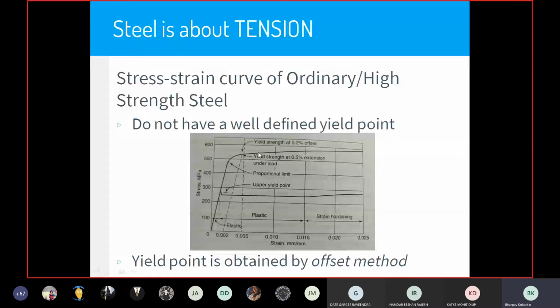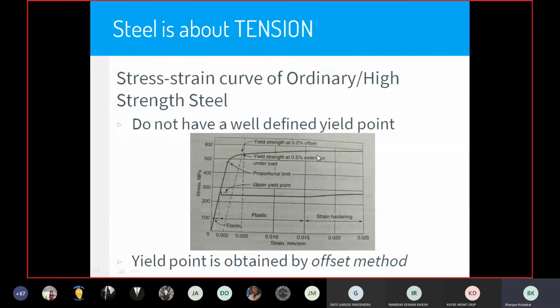So in this case, it is a little difficult to define the yield stress. Here it's very easy. There's a straight line, so wherever the straight line ends, that is the yield stress. Here we do not get a straight line, and therefore the yield stress is obtained by a slightly different method, which we need not get into. This is just for our understanding of the difference between mild steel and high strength steel.